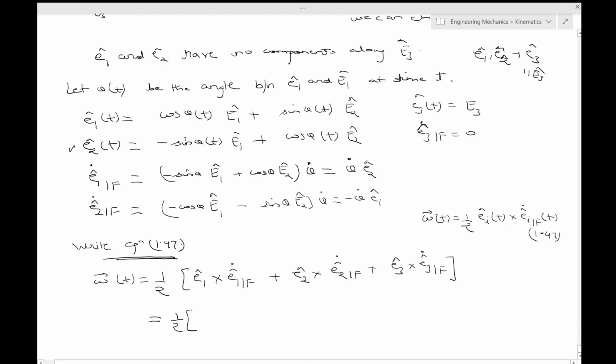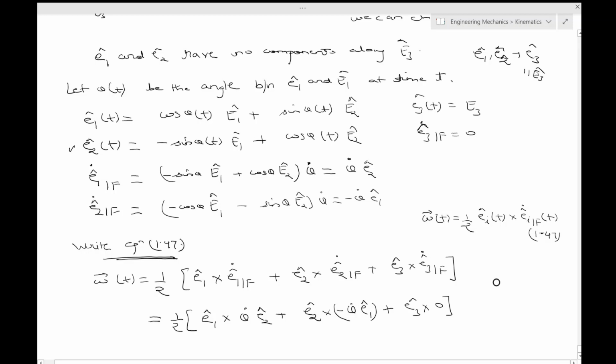Let me first write it like this: E1 hat cross E1 dot, if you see, is actually equal to theta dot E2. Similarly, E2 dot is minus theta dot E1 hat plus E3 hat cross 0. Okay, because E3 dot is equal to 0.